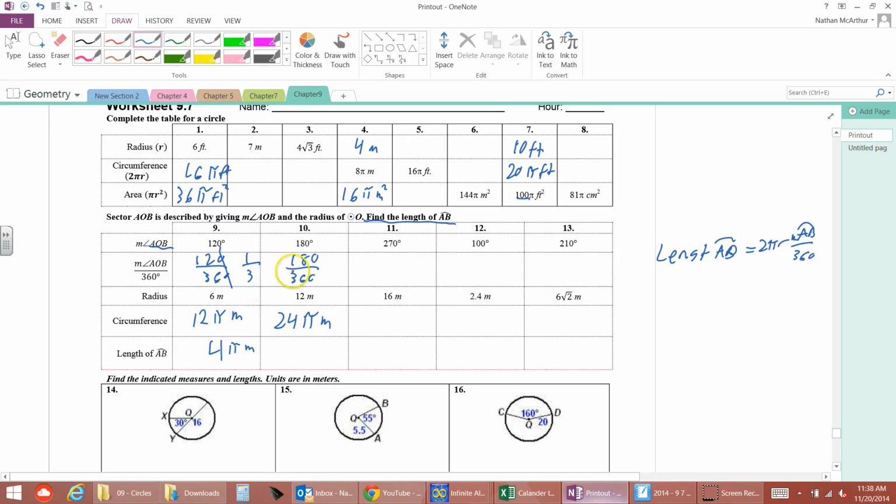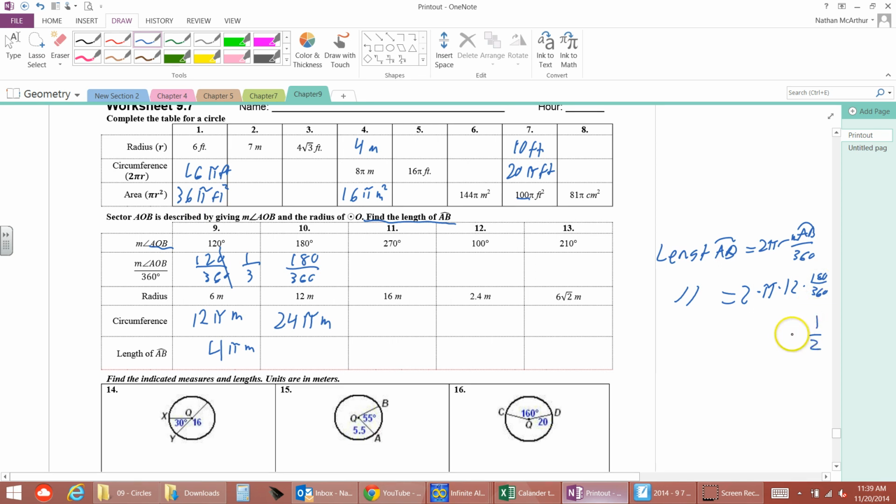But if I didn't want to do this by parts, I could just plug this information in exactly as I see it. So I could do, again, length of AB, it doesn't change, is equal to 2 times pi times 12 times 180 over 360. This is doing it all at once. It may seem a little bit difficult, but if I just reduce this down, 180 over 360, well, that's just 1/2.